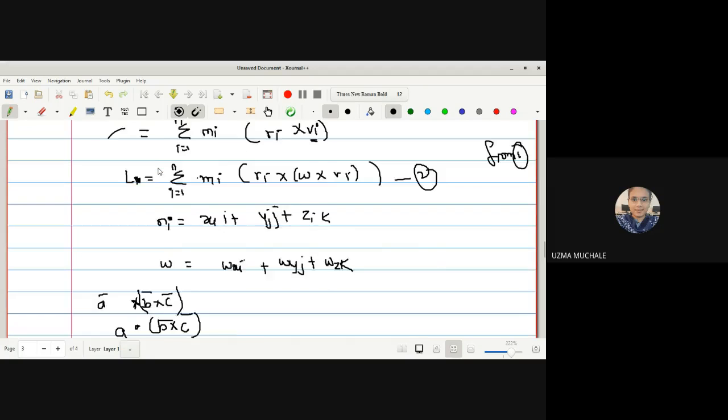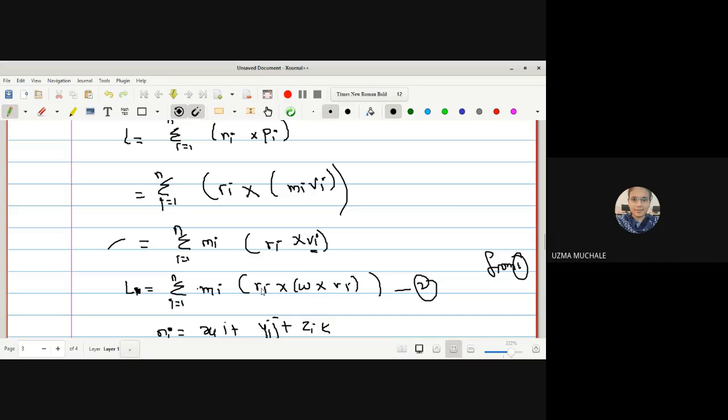Because we have to use this here, right? Suppose it is A, B, and C. We have to find the cross product of these vectors Ri, W, and Ri again, right?